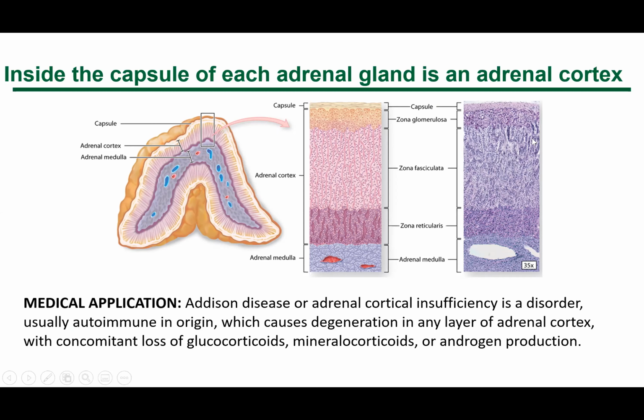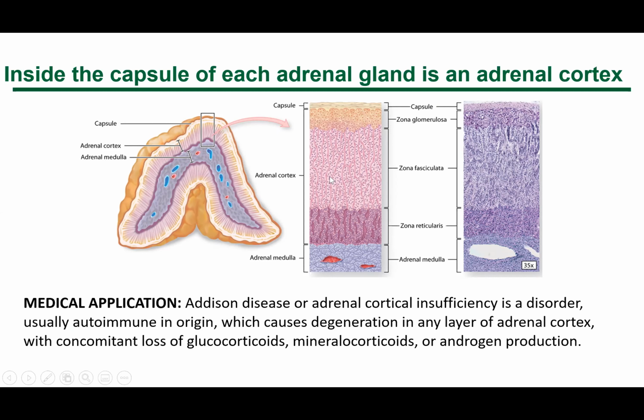So the capsule is the connective tissue protecting zone, and then right below that we have the zona glomerulosa, and that is comprised of these little clump or ball-like acini, and that's where the term glomerulosa comes from, because it looks glomerular in nature. And then below that, we have the much longer zona fasciculata.